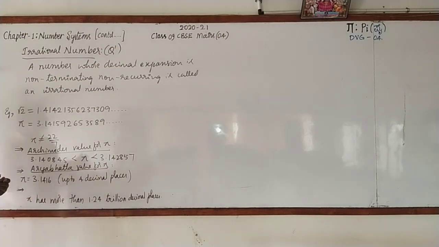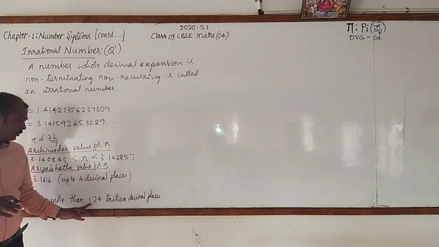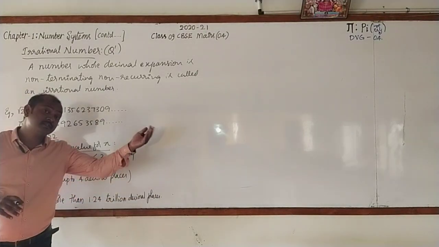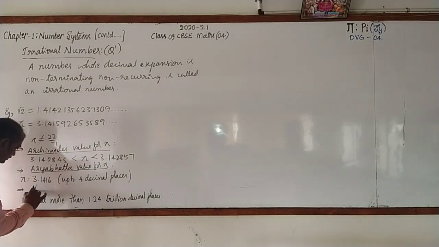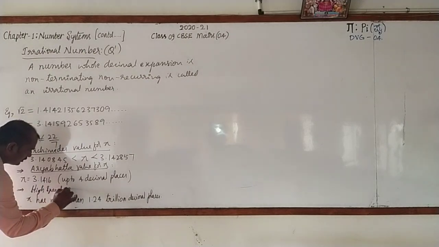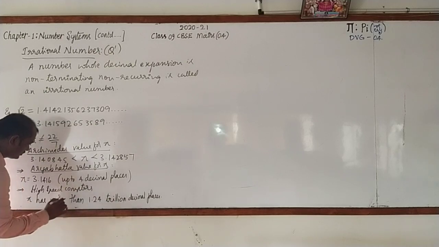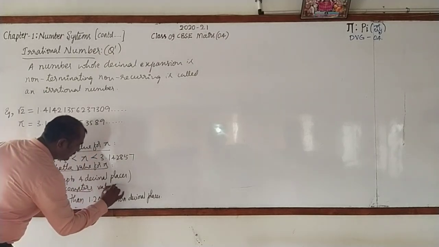And using present high-speed computers, we have found the value of pi with more than 1.24 trillion decimal places. Trillion means 10 raised to the power 12. High-speed computers' value for pi.